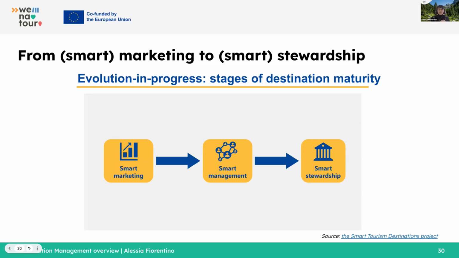So smart tourism destinations is a rather new and complex concept, and we will not go in depth right now, maybe in another webinar, but it is just to say that smart does not only have to do with data and with infrastructure and technology, but it gives a lot of importance to the governance side. If you are familiar with it, there is a beehive scheme of all the aspects important for becoming a smart tourism destination.